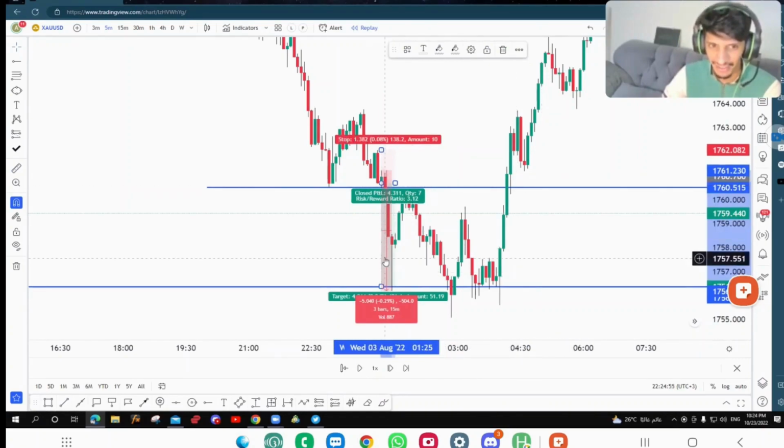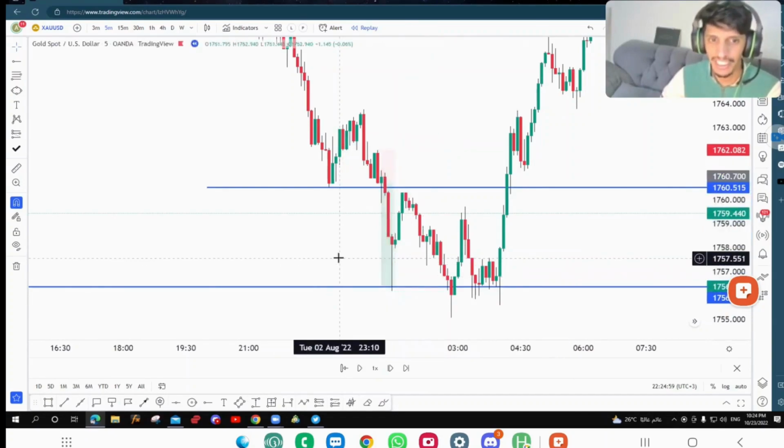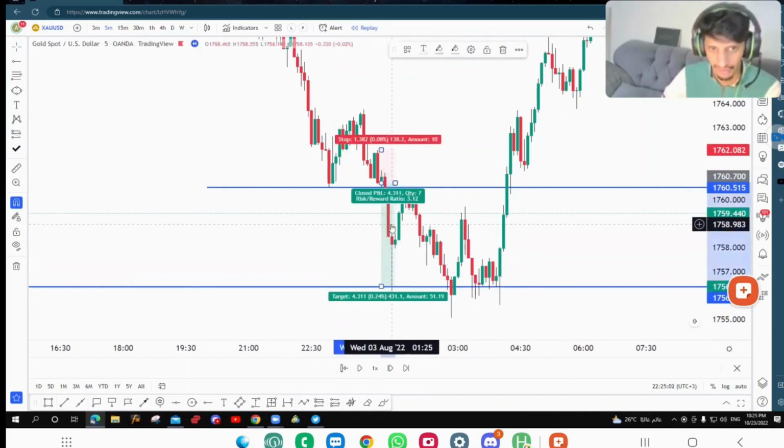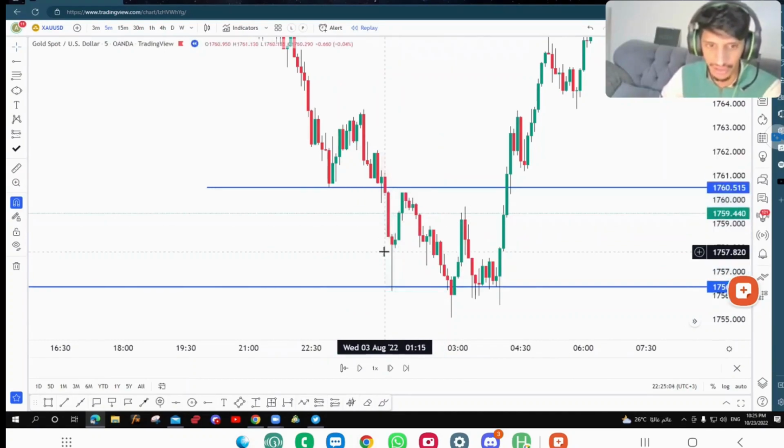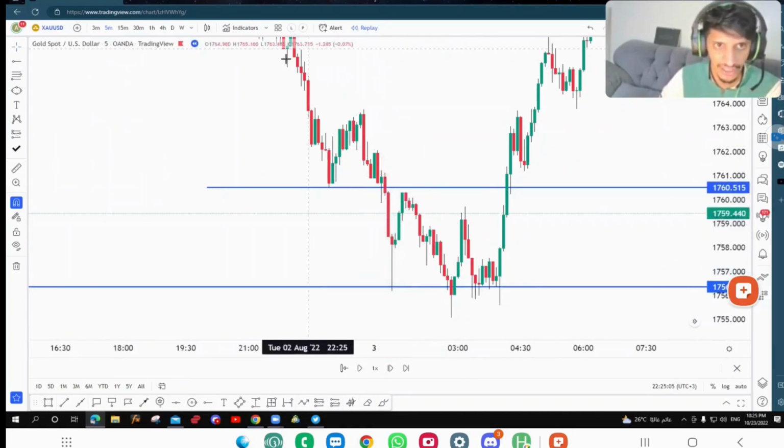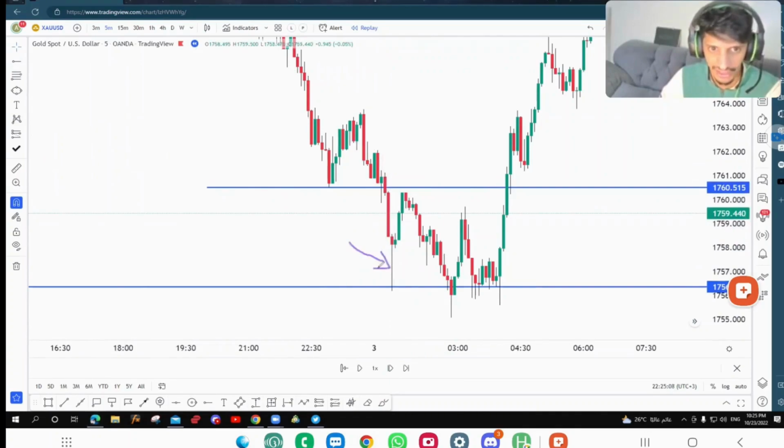This is a move that can only be taken by pros. Why? Because this candle here, you see how much liquidity it has. If you have not had your take profit somewhere here, it should be okay, because even your stop loss did not get touched.